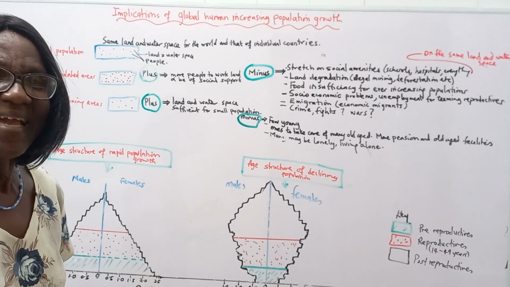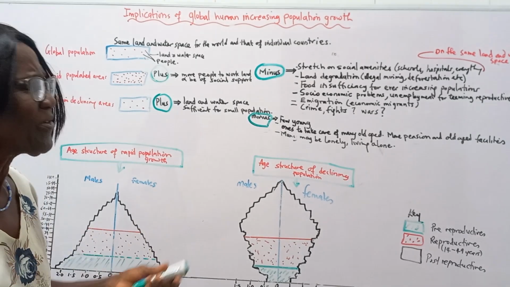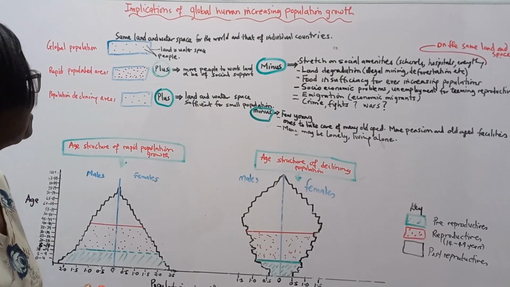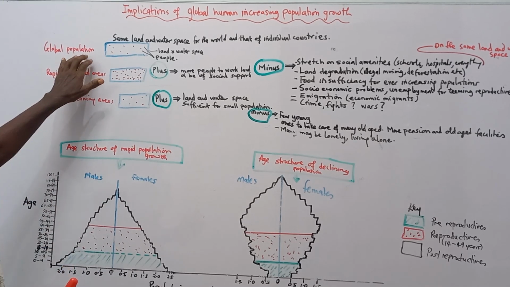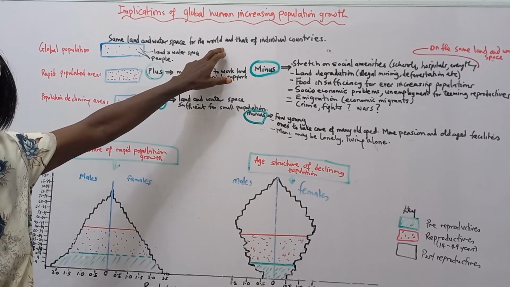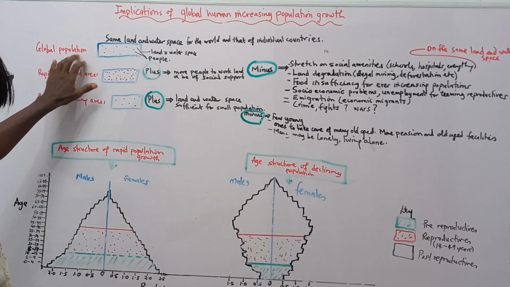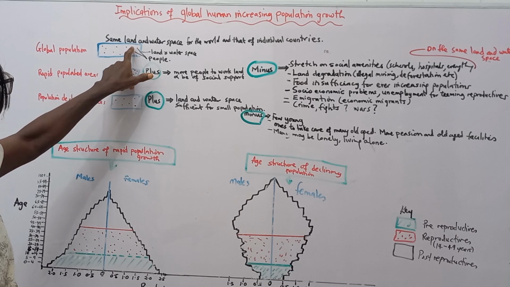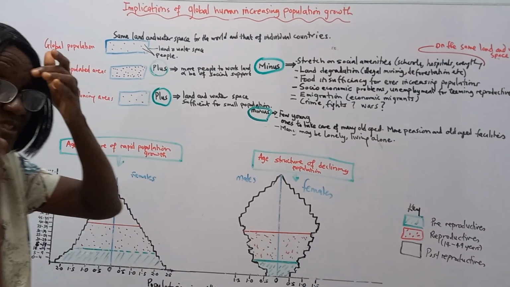What are the implications of the increasing global human population? Now note that the world has the same land and water space. It will not increase. So for the global population, the land space that people are living on will not increase.